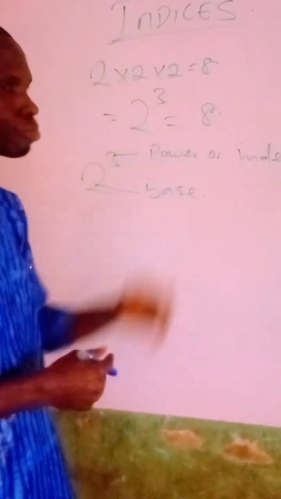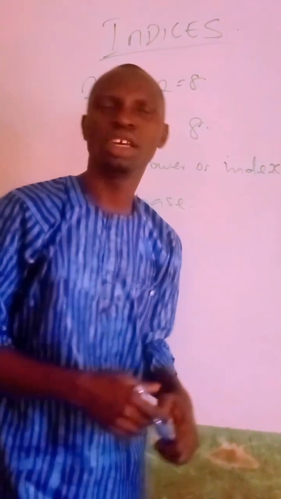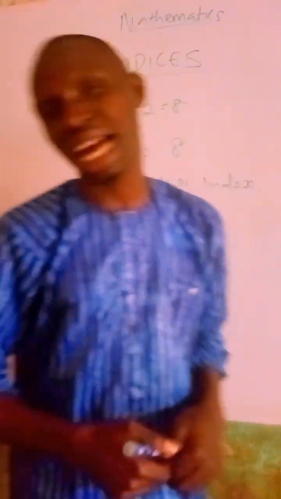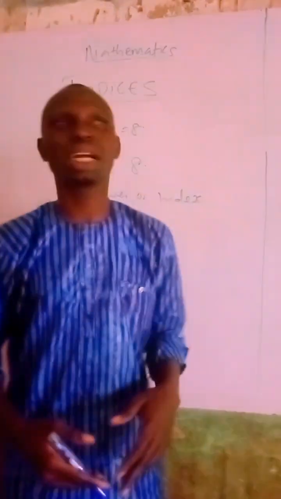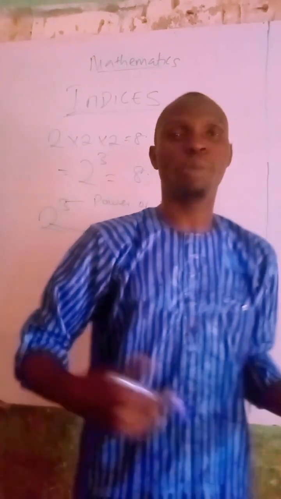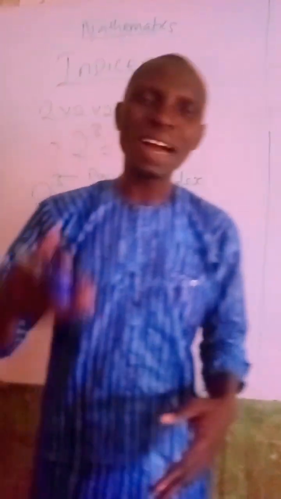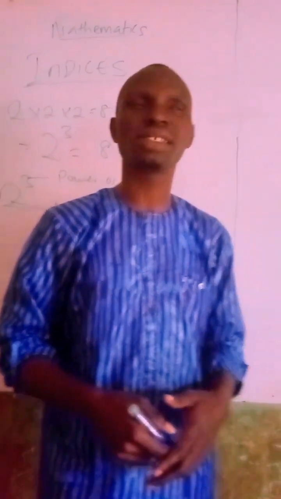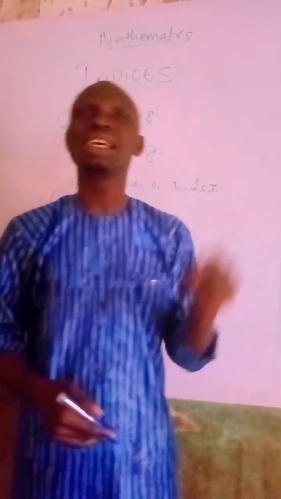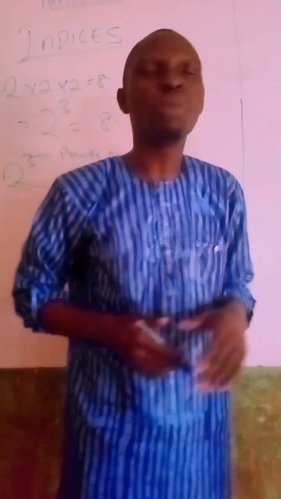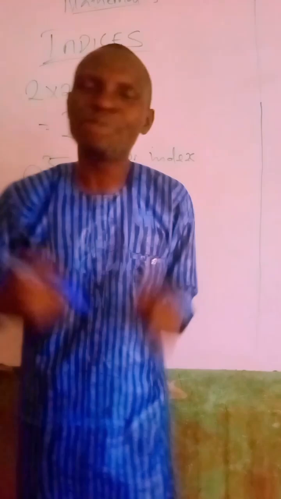As we can add numbers, of course, we can add a, we can add b, we can add a plus b. So also we can add indices. We can divide indices, we can multiply indices, and we can as well subtract indices. In order to do this, laws have been put in place to make sure that we do this effectively.